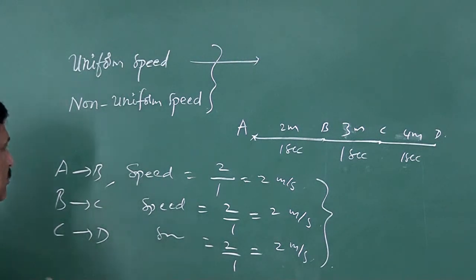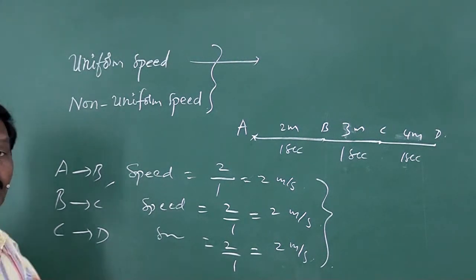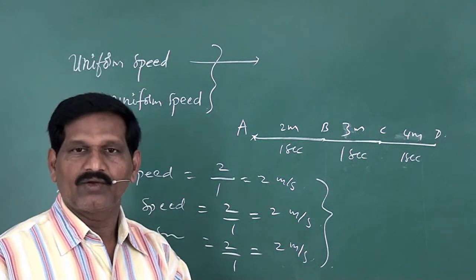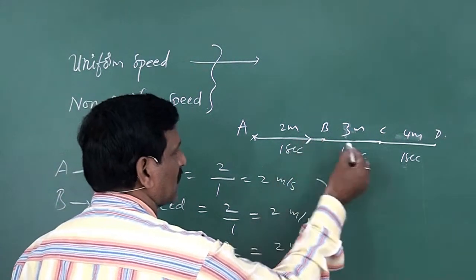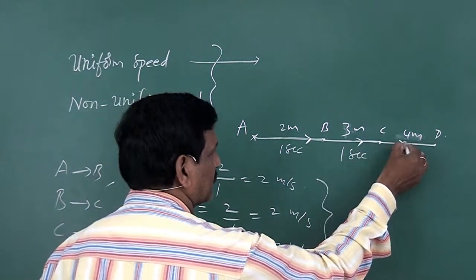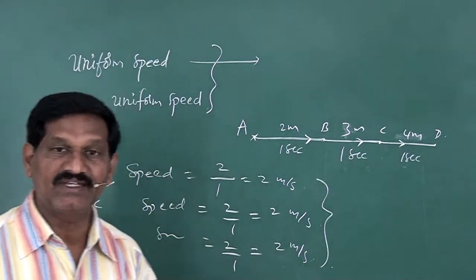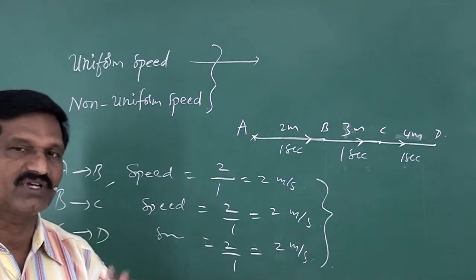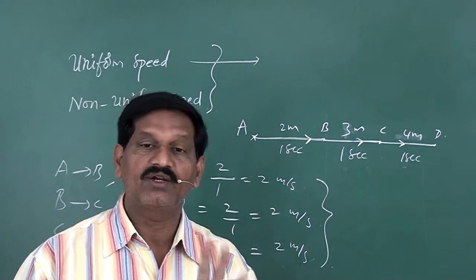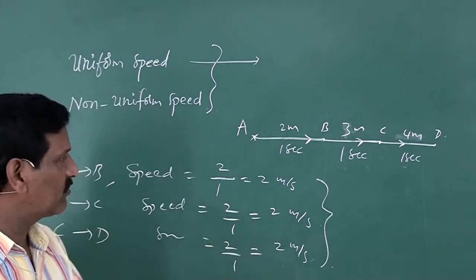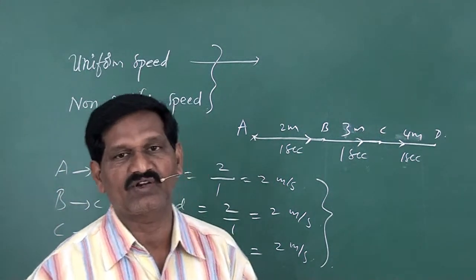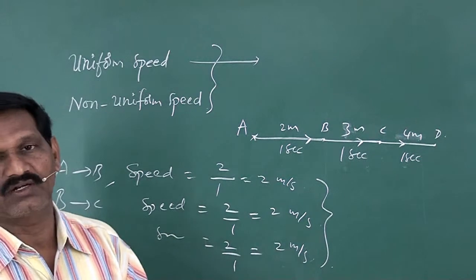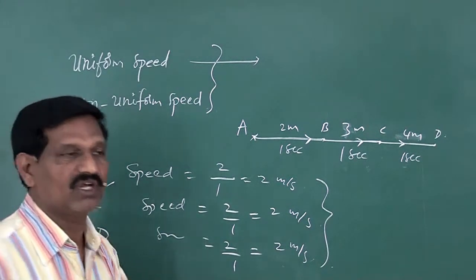Similarly, you have uniform velocity and non-uniform velocity. Uniform velocity means if the body covers equal displacements in equal intervals of times. Instead of distances, we take displacements. So if the body covers equal displacements in equal intervals of times, then you say that the body moves with uniform velocity.